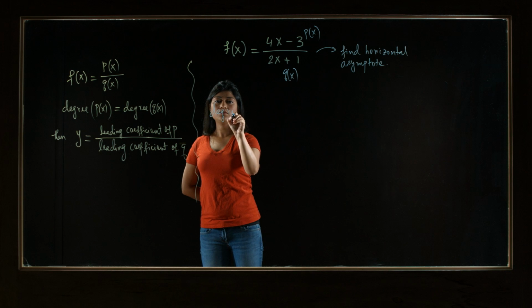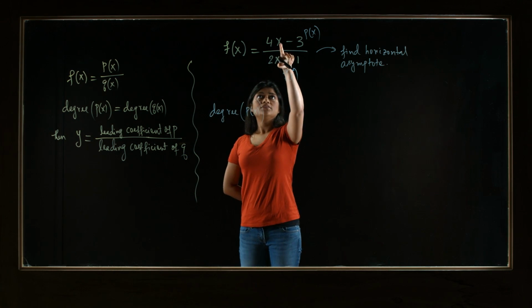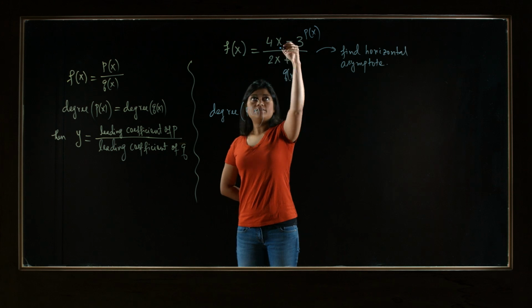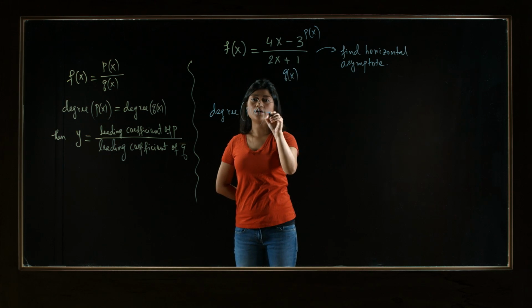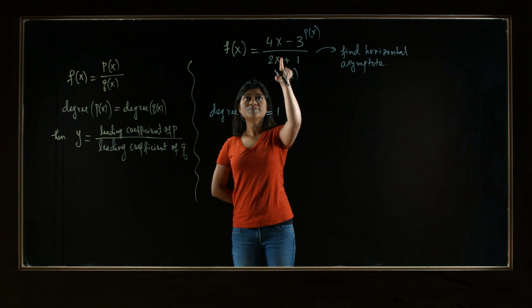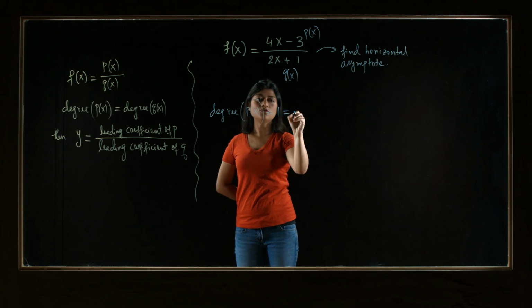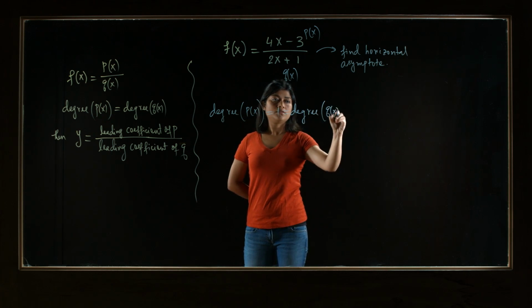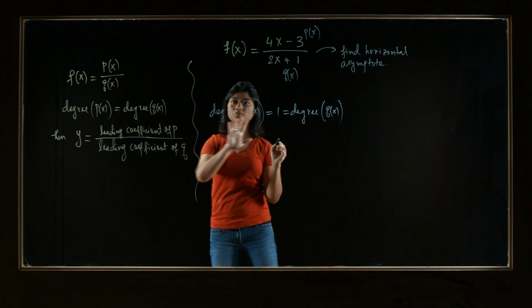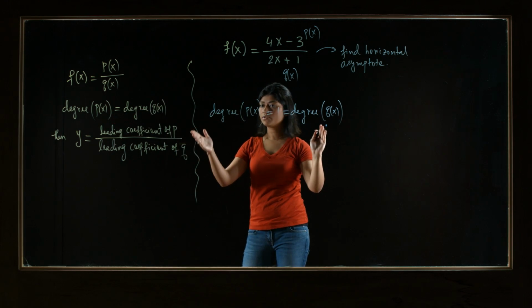For p(x), the highest degree term is just x, so x has a power of 1. So, the degree is 1. What about q? Same thing, x has a power of 1. So, the degree of q is also 1. And so, we have this situation for this problem: the degree of p is equal to the degree of q.